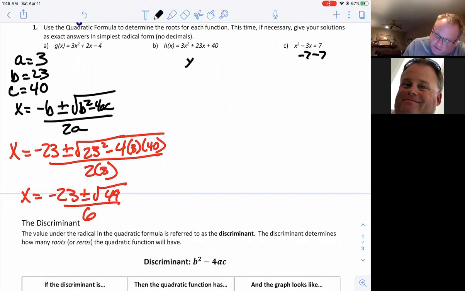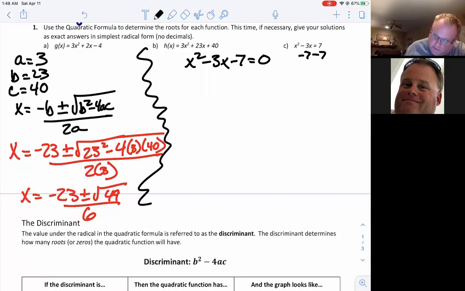So this becomes x squared minus 3x minus 7 equals 0. Right there. And so my A is 1, my B is negative 3, and my C is negative 7. And I always list them out.